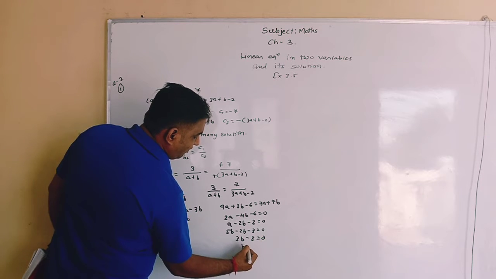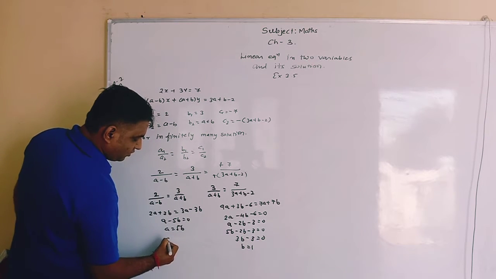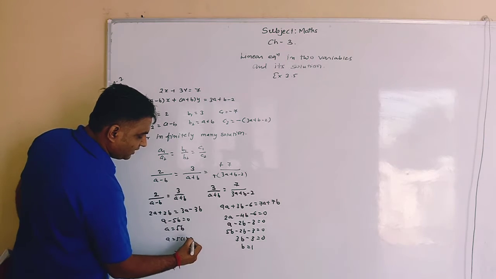And so b = 1, and a = 5 into 1, that is 5.